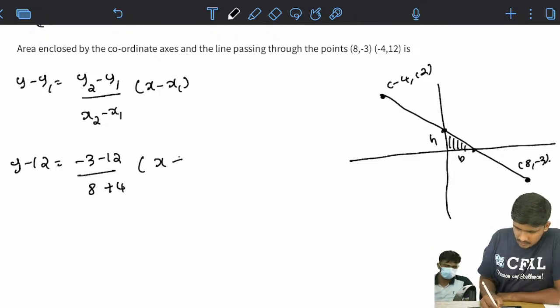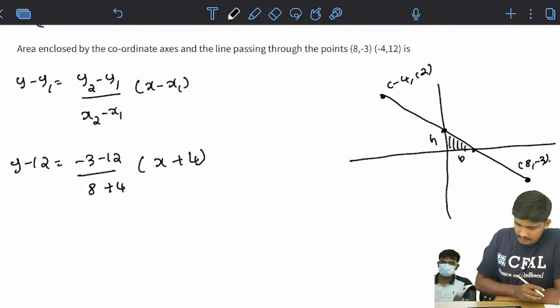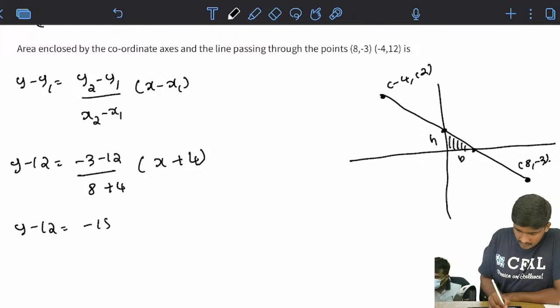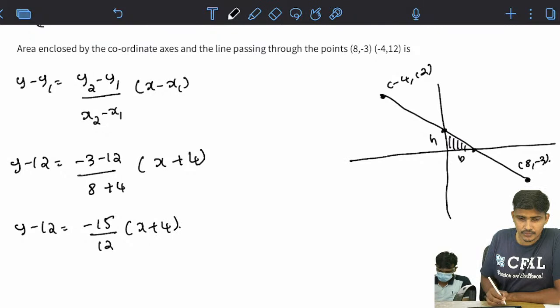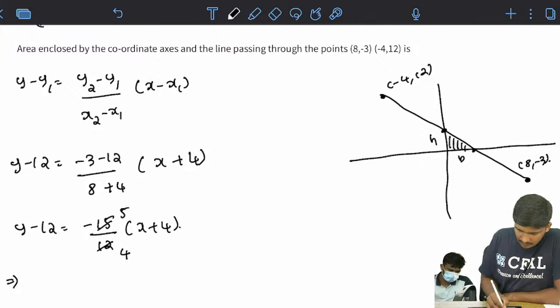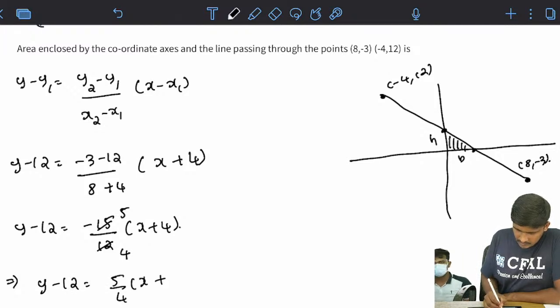...into x minus x1, so x plus 4. I have made the choice of y1 to be 12 and x1 to be minus 4. So y minus 12 will be equal to minus 15 divided by 12 into x plus 4, which implies y minus 12 will be equal to 5 by 4 into x plus 5.